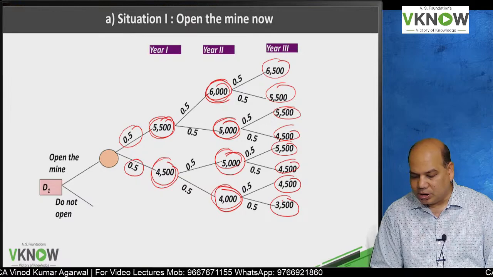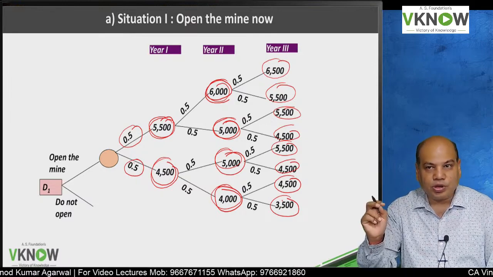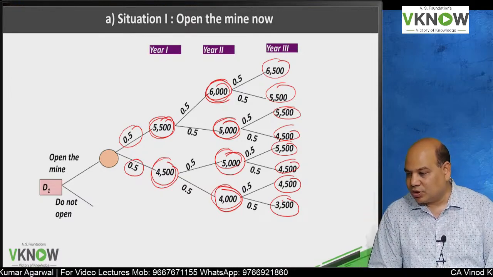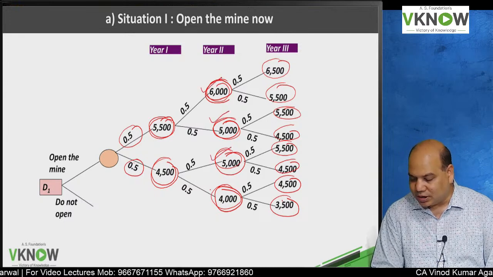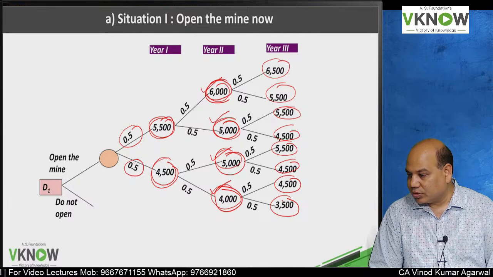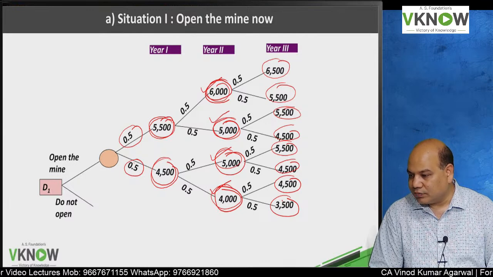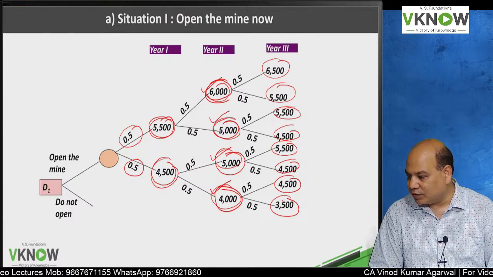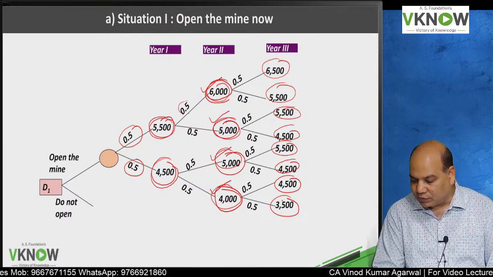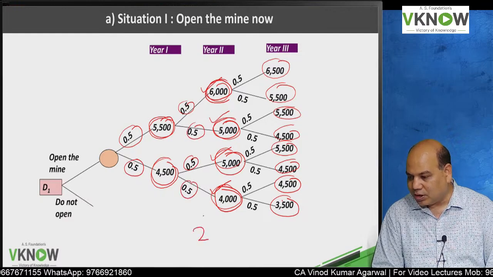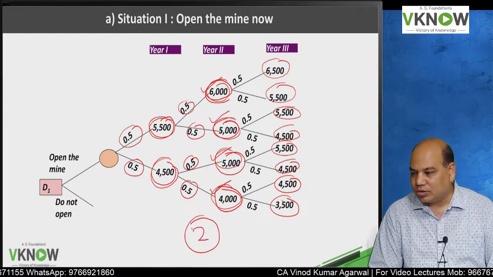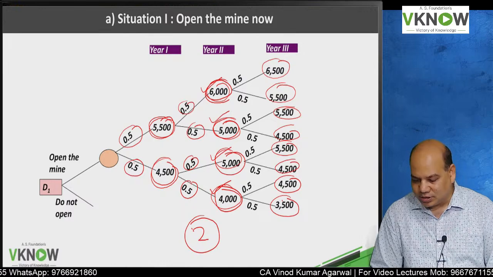Can you say the probability of each of them is 0.5? Only say yes or no. The answer is no. If you say the probability of each of them is 0.5, the total probability will become 2. That will be a gross mistake.